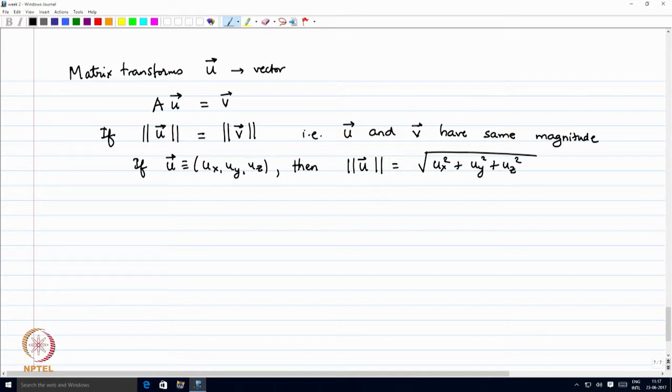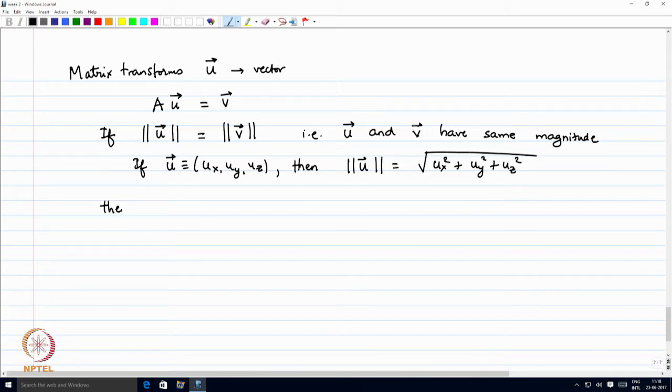So, if a matrix A transforms a vector such that it preserves its norm, and this is true for any vector. So, a matrix A is such that whichever vector it takes, it transforms it to a different vector which has the same norm as the original vector. Okay.